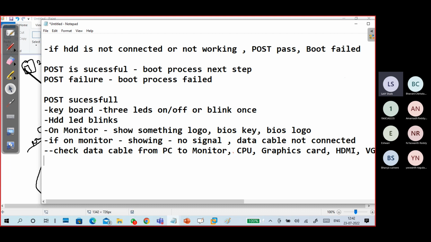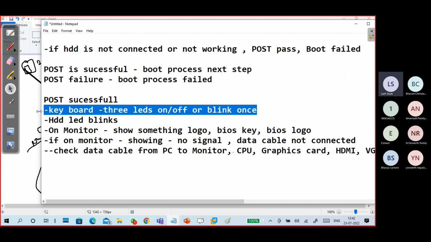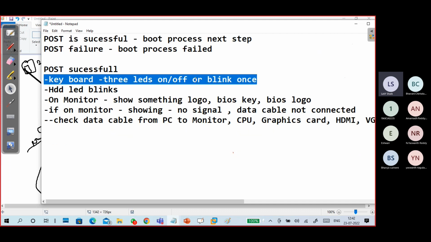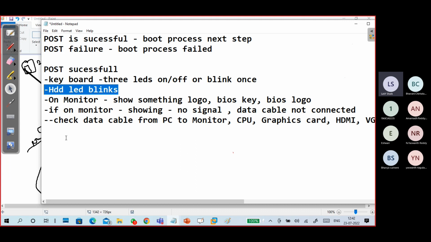Nothing on my system. Boot processing is good, means I saw LED blinking is there, HDD blinking is there. On monitor, it is showing no signal. Then I don't know what happened.